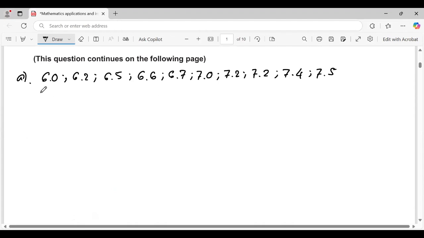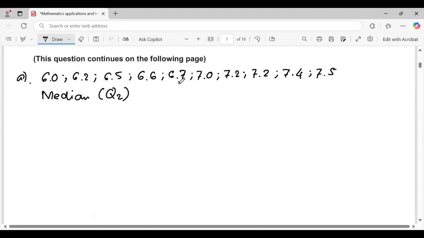The first step, we need to determine the median, or Q2. So there are 1, 2, 3, 4, 5, 6, 7, 8, 9, 10. It means we have to divide 10 by 2, which equals 5. So 1, 2, 3, 4, 5.